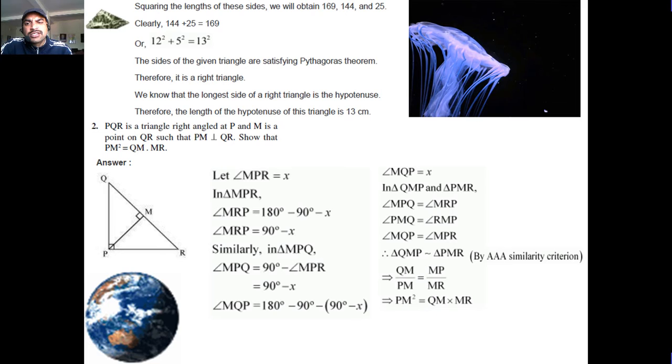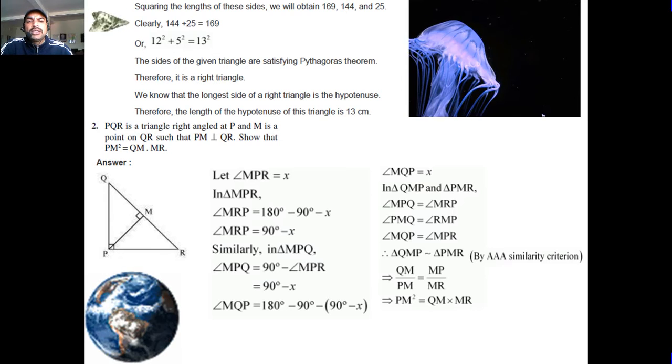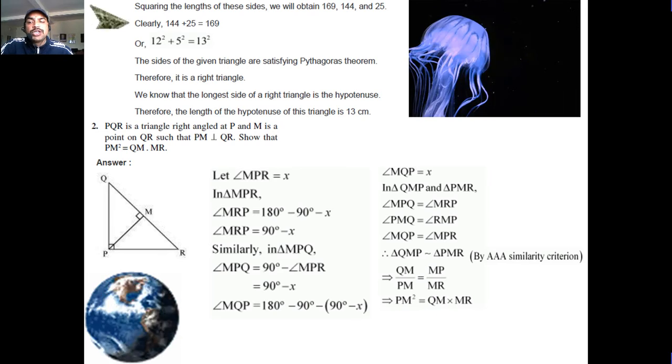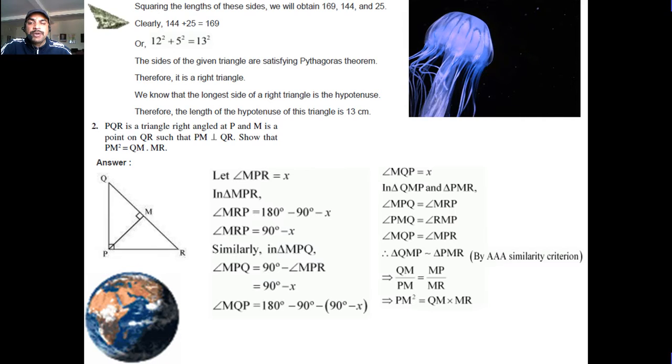Now students, next, 144 plus 25 is equal to 169, satisfies the Pythagoras theorem. The longest side, the hypotenuse, is 13 centimeters. Second, in triangle PQR, right angle at P, and M is a point on QR such that PM is perpendicular to QR, so that PM square is equal to QM into MR.